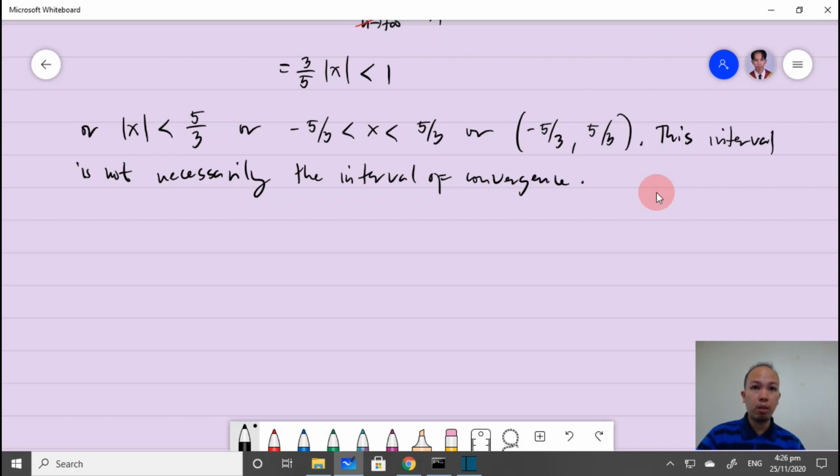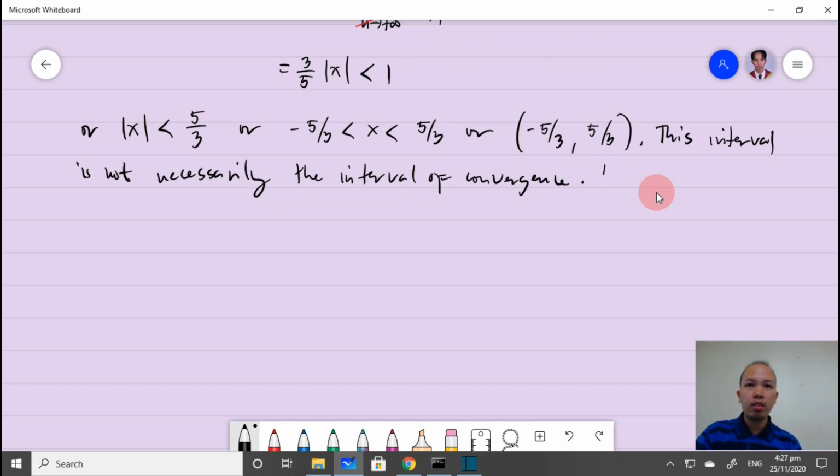Okay, so what we will do here, to determine the interval of convergence, we have to test first the endpoints. Okay, whether these endpoints, negative 5 over 3 and 5 over 3, are included in the interval of convergence.